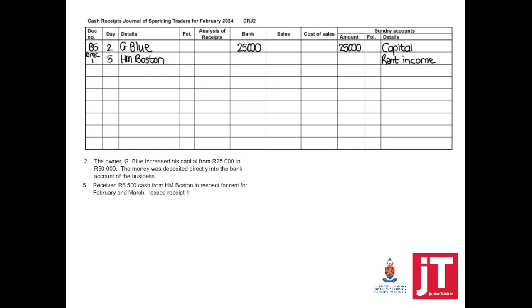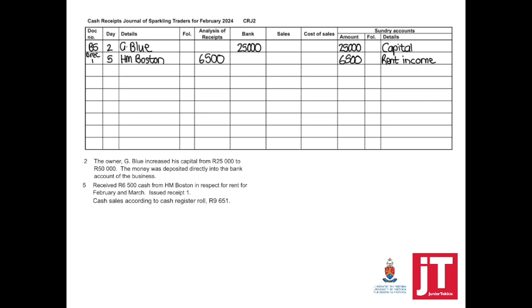How much did we receive? 6,500. For what reason? For rent income. Don't get caught out with this. They said to you received 6,500 in respect of rent for February and March, so don't times this by 2. We've received a total of 6,500.